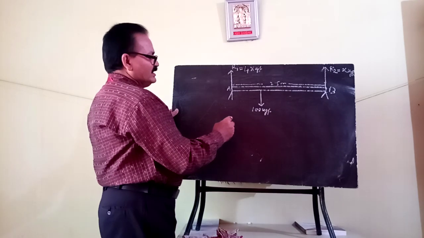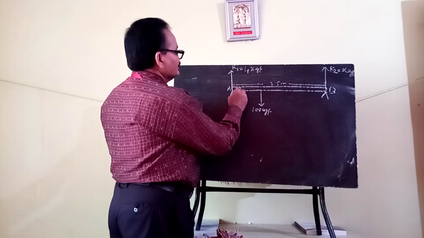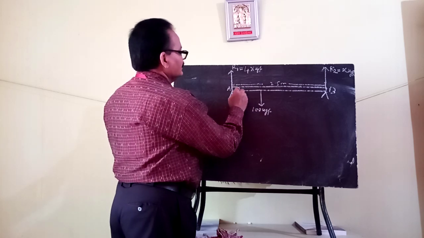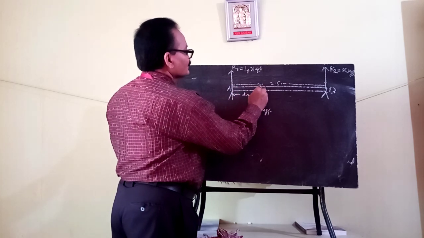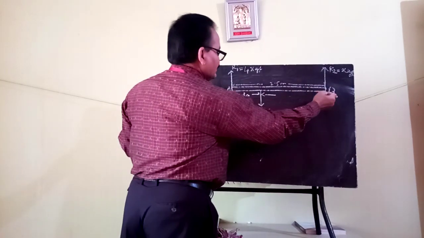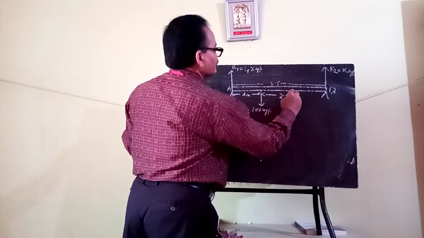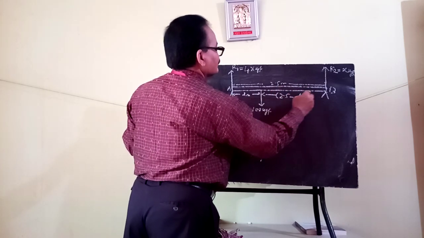So let the distance between A and the 100 kgf be d meter. Then the distance of B from the load is 2.5 minus d meter.